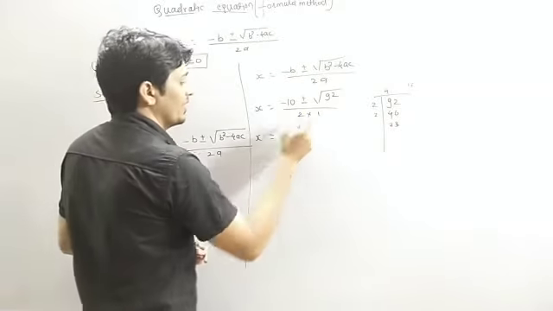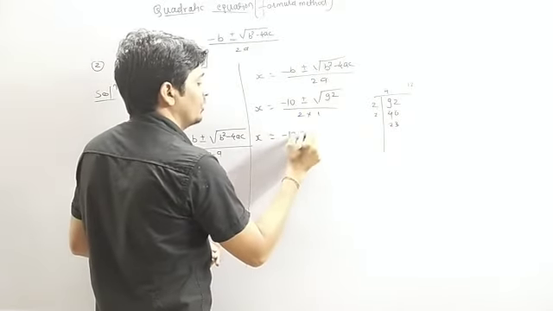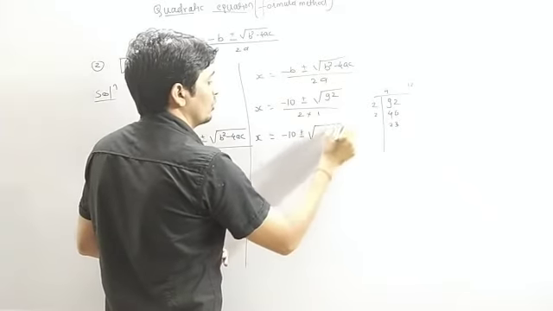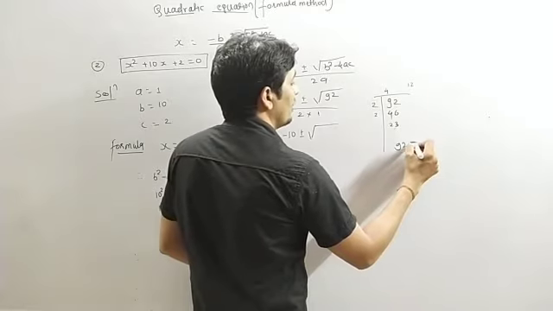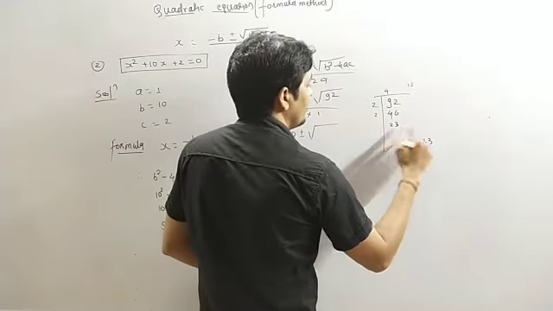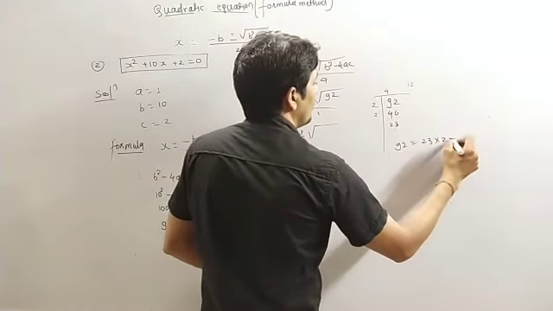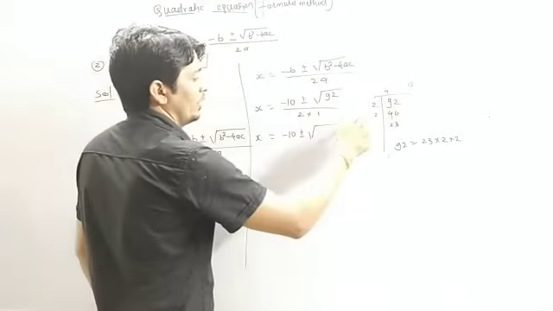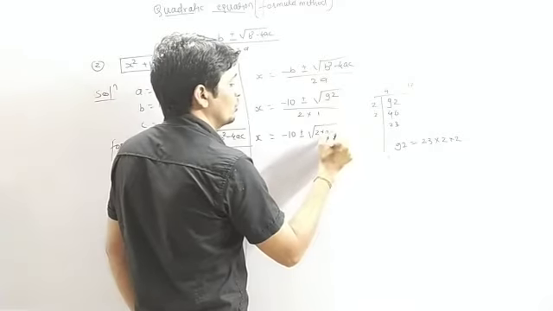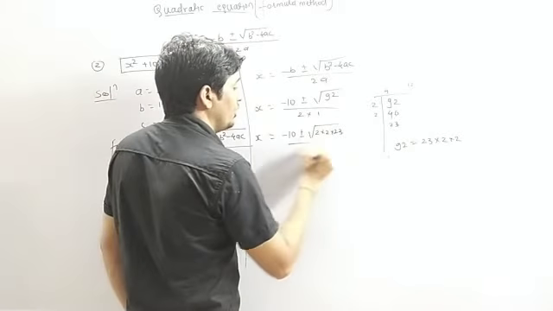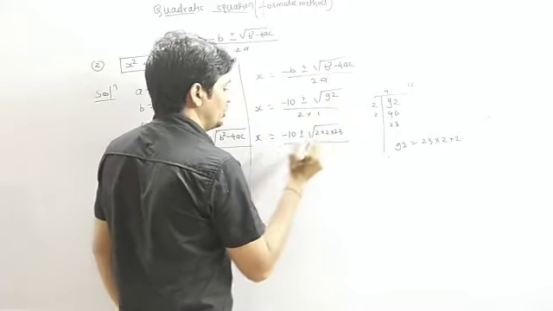So here we have minus 10 plus minus. So 92 we can write as 23 into 2 into 2, or 2 into 2 into 23. So 2 into 2 into 23 divided by 2 into 1, which is 2.